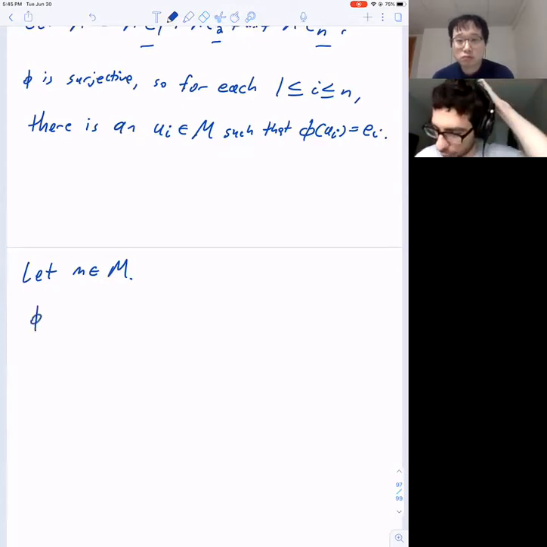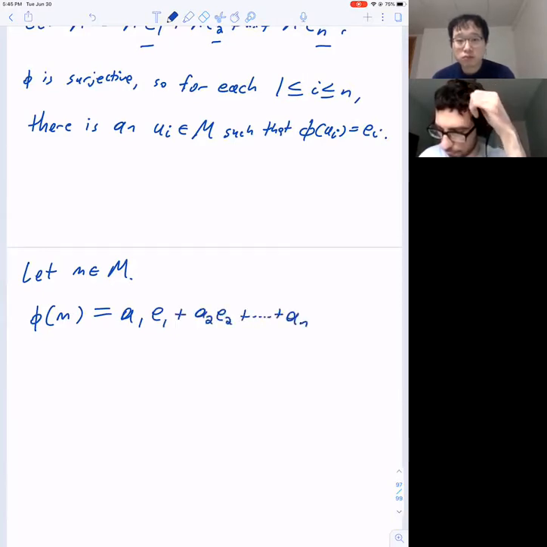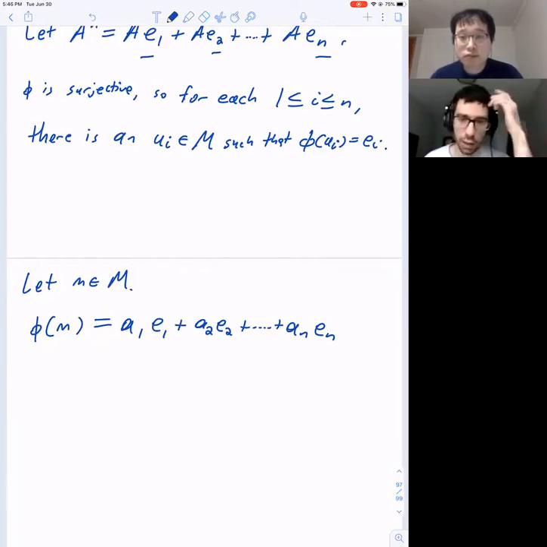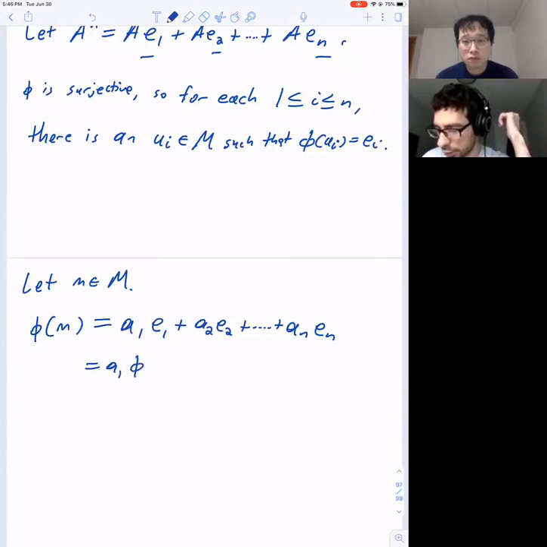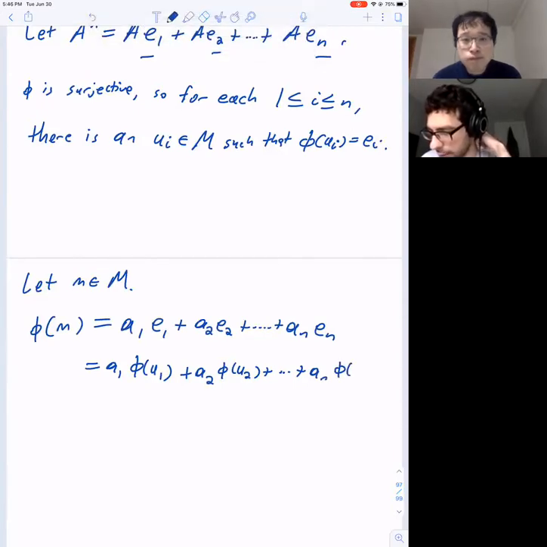But I do know what happens to M when it gets sent to A to the N. So I don't know what phi of M is, but it is a linear combination of elements of the form EI, because EI is a basis of A to the N. But remember, E1 is the same as phi of U1, E2 is the same as phi of U2, and En is the same as phi of Un.